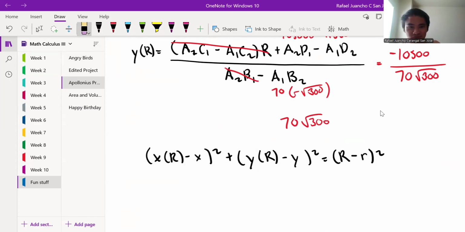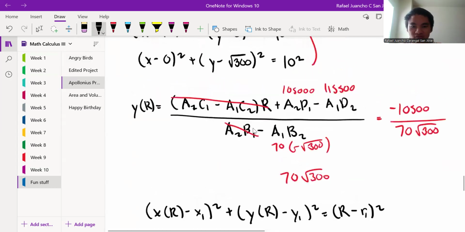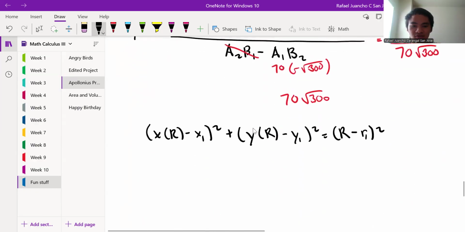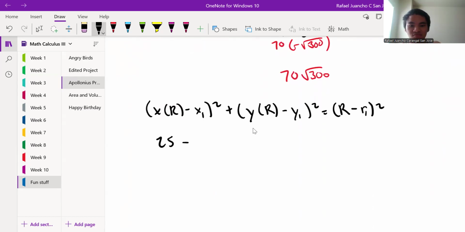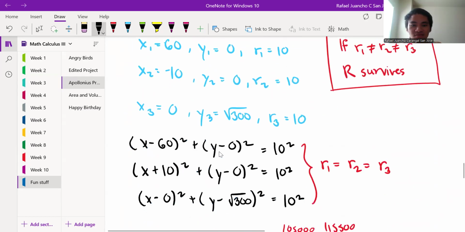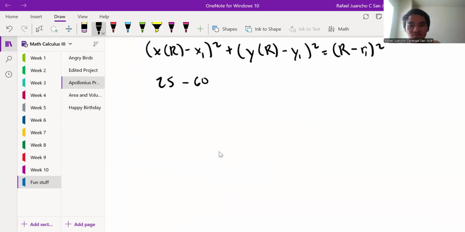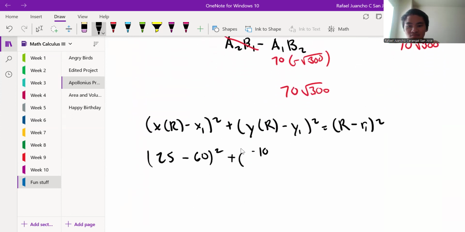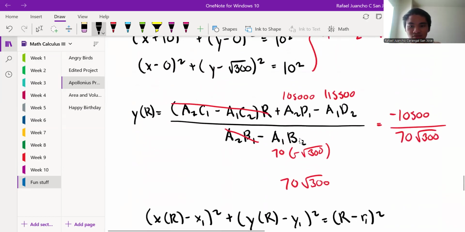Okay, so let me just do x sub 1, y sub 1, r sub 1. We have x of r. What was my x again? Oh, my x was 25. My x sub 1 was 60, right? Yeah. Y sub 1 is.